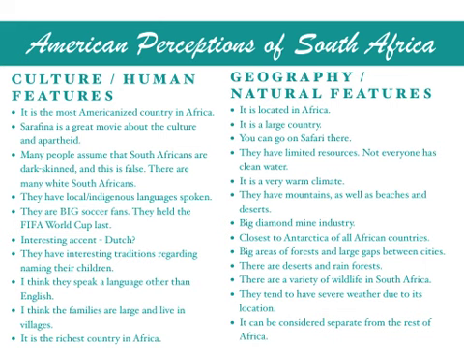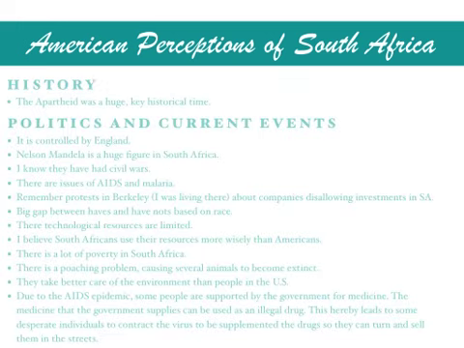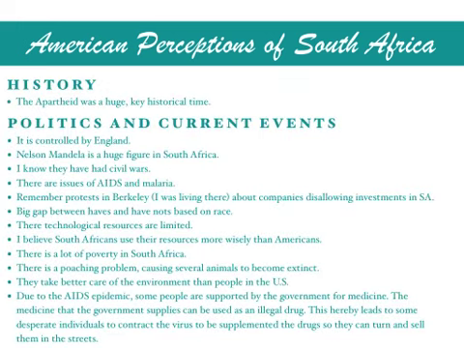In terms of geography and the natural features, they talked about going on safari and the wild animals in South Africa that they had seen on TV or in movies, and what the weather's like, etc. In terms of history and then politics and current events, they knew about apartheid and Nelson Mandela, and a student said that present day it is controlled by England, so that's a great opportunity to talk about that.